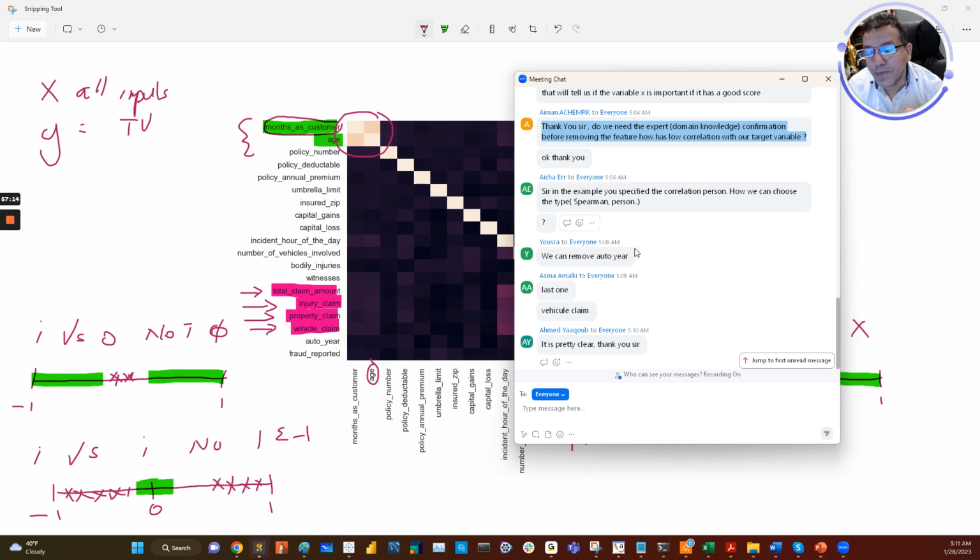Of course, some of them are going to give you a different value. But if you are working on a project that is not sensitive, not related to human lives, then I really don't care which correlation you are using. If you are working on auto insurance, bank customer churn, anything not related to humans, I really don't care which correlation you are going to get.